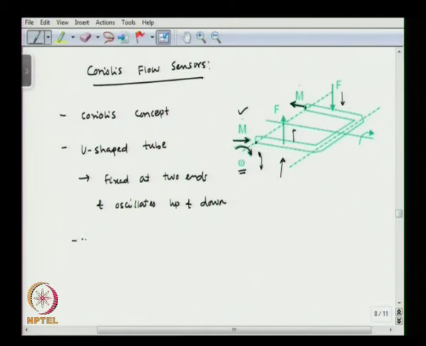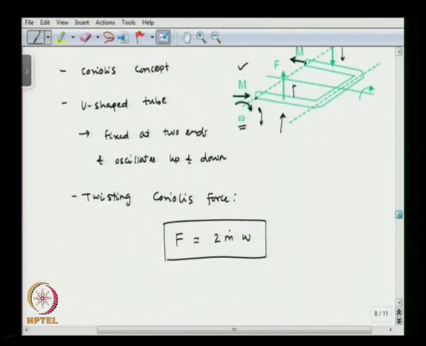So, in that case we would have a twisting Coriolis force that acts on the tube, and that Coriolis force F is given by 2 into m dot into omega. Okay. So, m dot is the mass flow rate and omega is the angular frequency of oscillation.